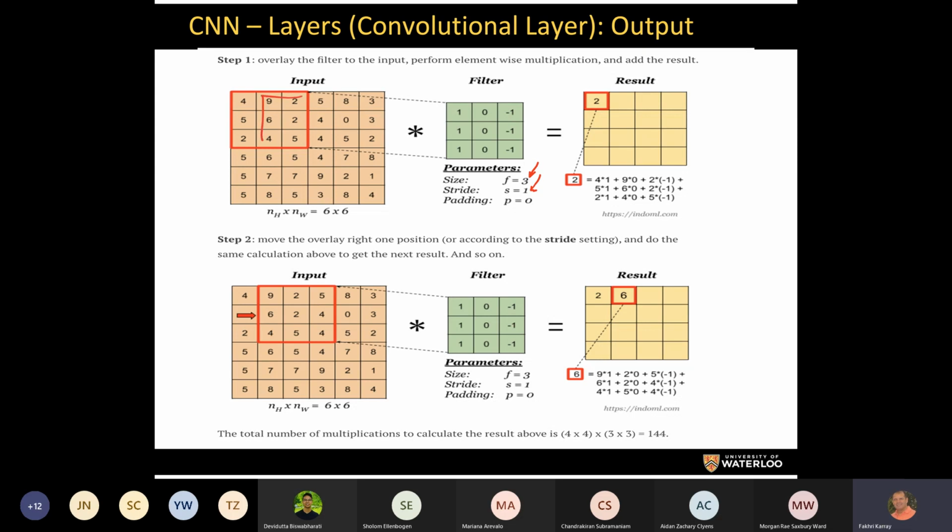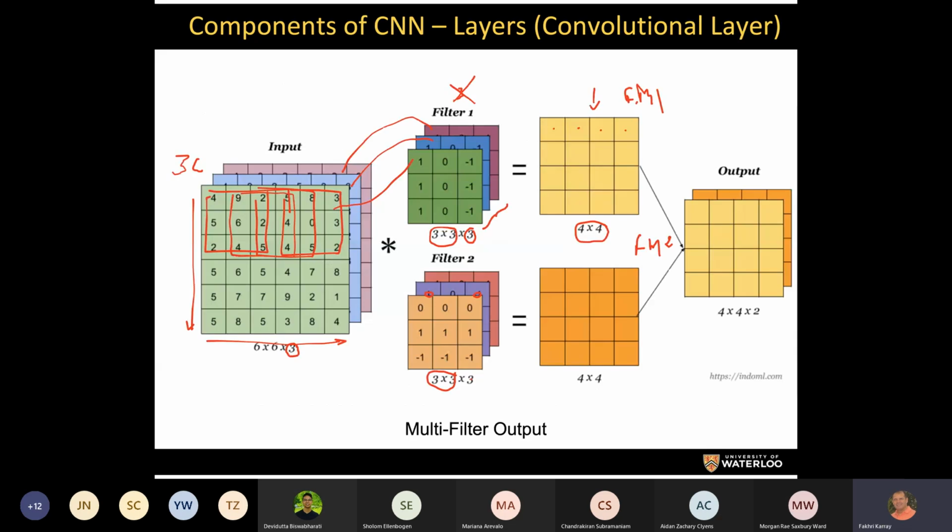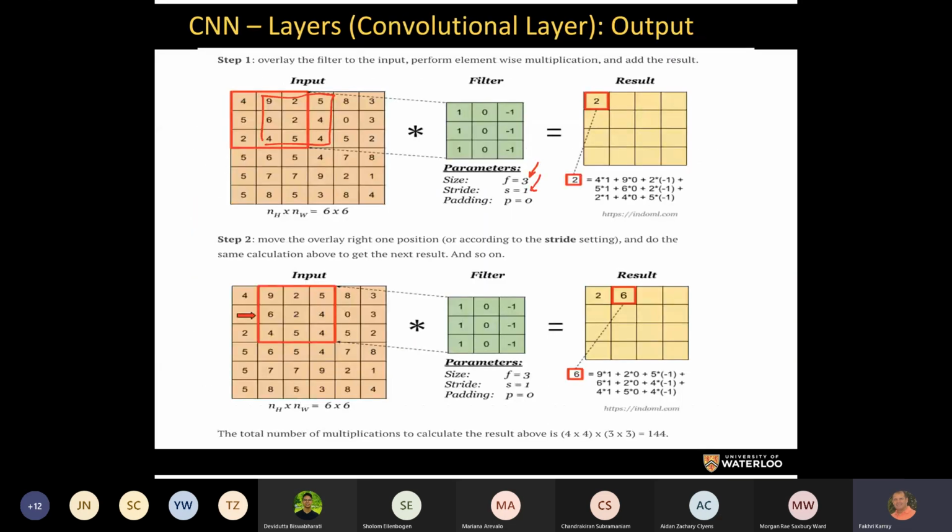We slide by 1 in this example. And then the padding. There is no padding, so there are no additional elements around the image. We spoke about that. And this is how we compute the output of the system, which gives us 4 by 4. It is explained in this image.